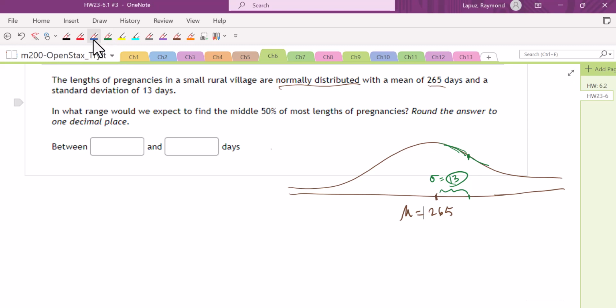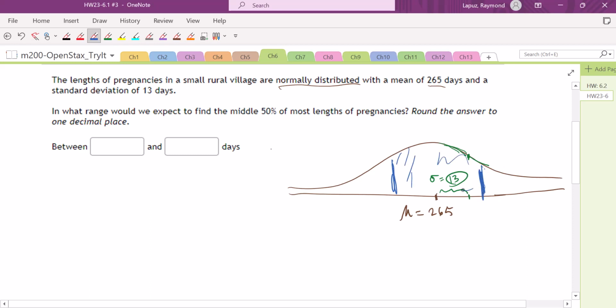In this particular problem, we want the middle 50%. So we want this area to be 50% of the whole population, and we are looking for these numbers here. These are the pregnancy days that will capture the middle 50%.